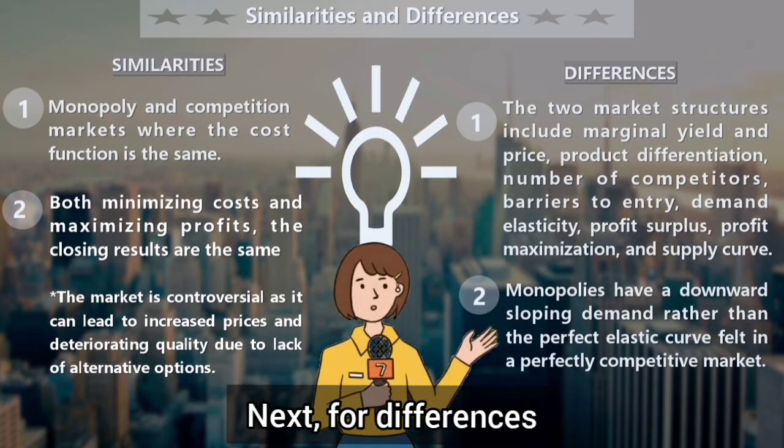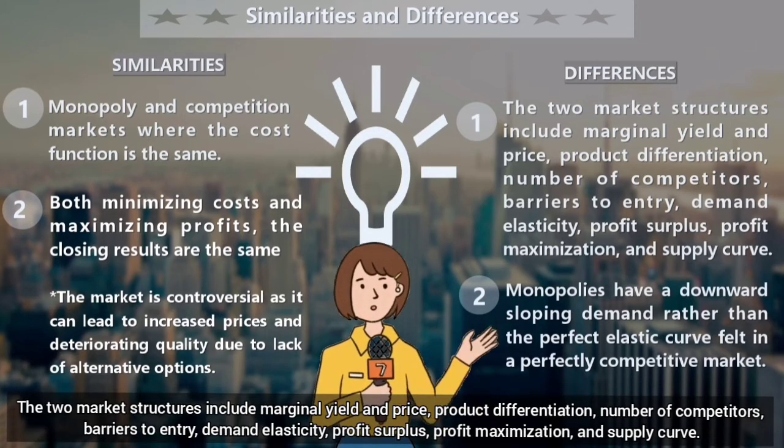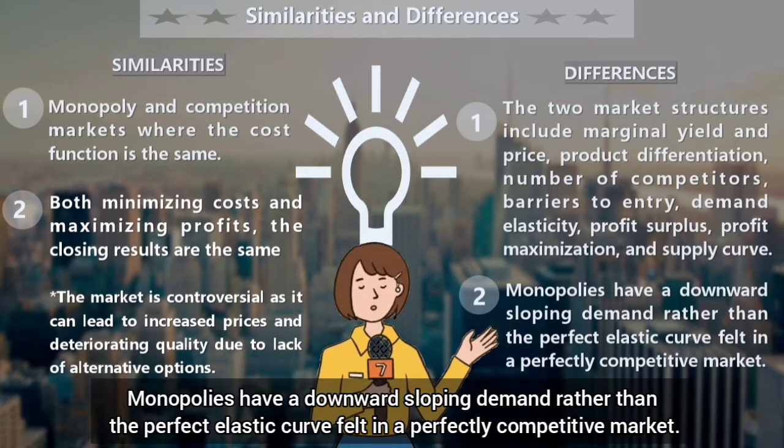Next, for the differences, the two market structures differ in marginal revenue and price, product differentiation, number of competitors, barriers to entry, demand elasticity, profit surplus, profit maximization, and supply curve. Monopolies have a downward sloping demand rather than the perfectly elastic curve faced in a perfectly competitive market.